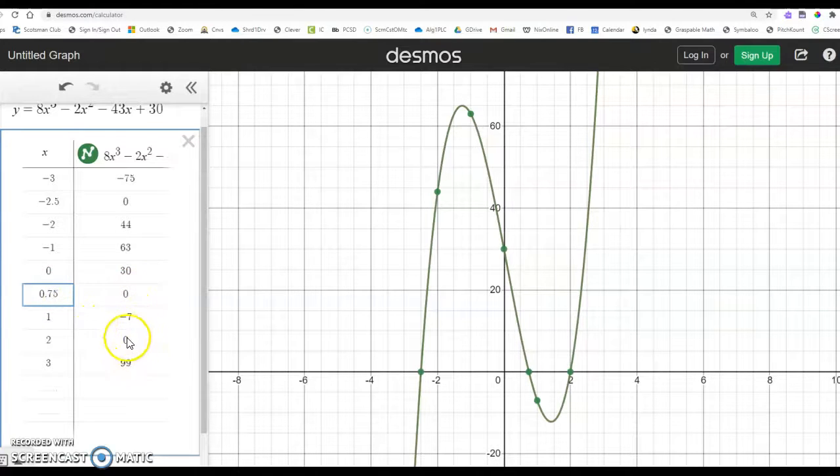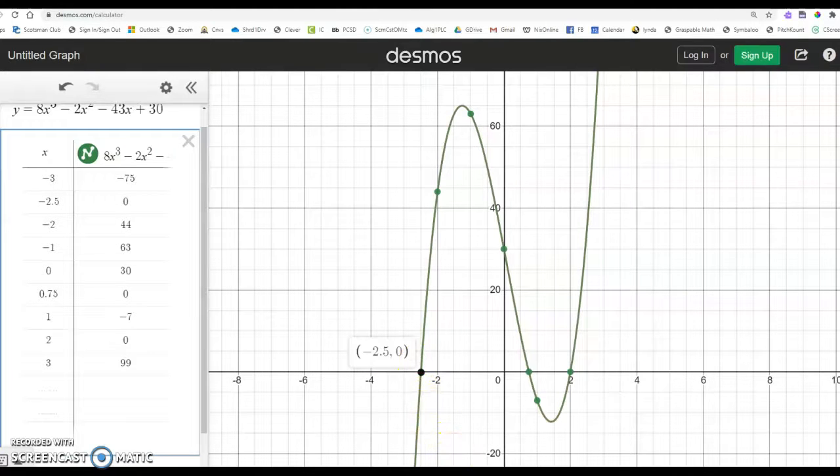Anywhere there's a 0 in the y column, go back to the x column, and that's your answer. That's the solution you're looking for. So 2 is a solution, 0.75 is a solution, and right up here, negative 2.5 is a solution. These are also called zeros of the function.